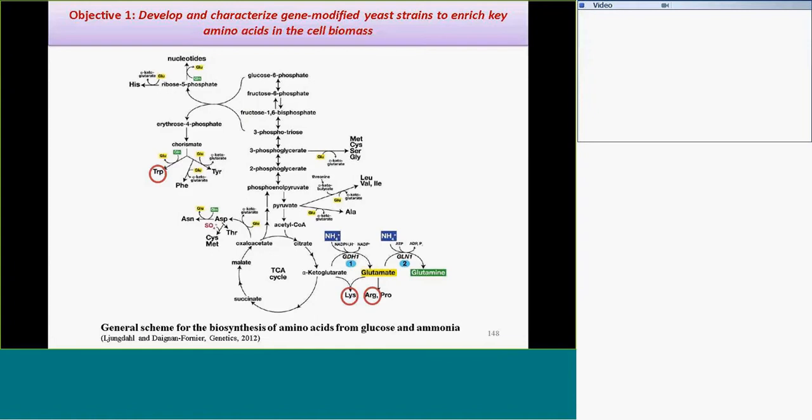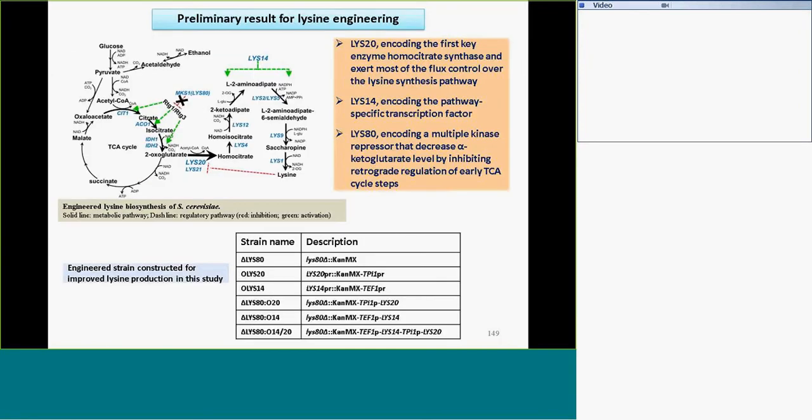This is a gene modification process, with preliminary results for lysine engineering. Lysine concentration is increased in the bulk media, but the productivity of the yeast is reduced. So that means the ethanol production is reduced.